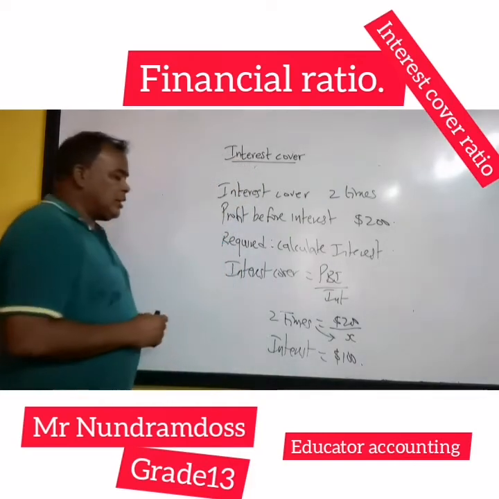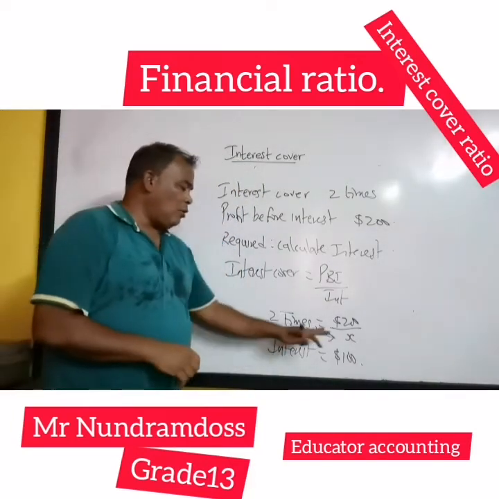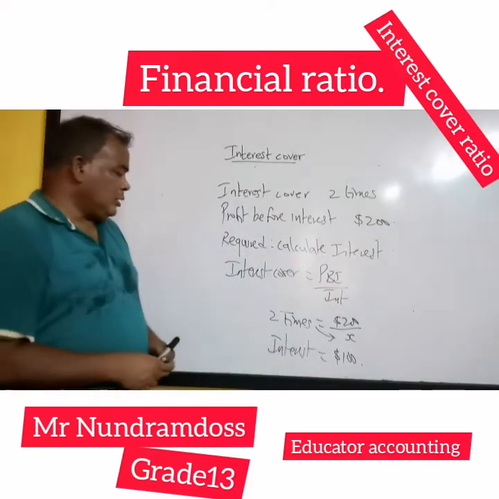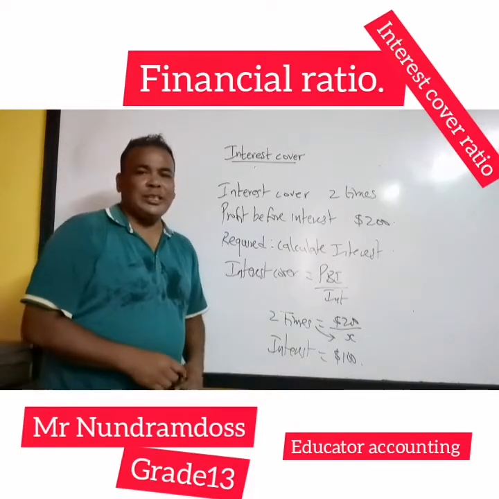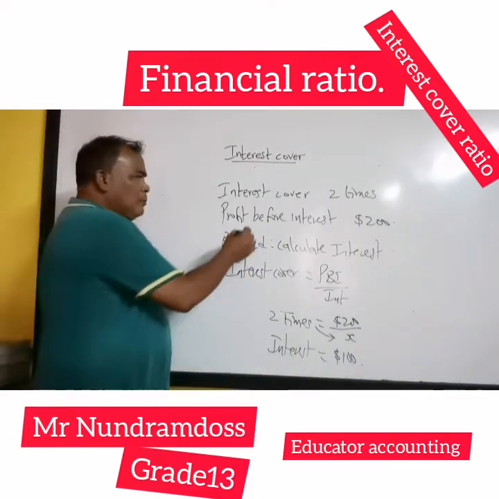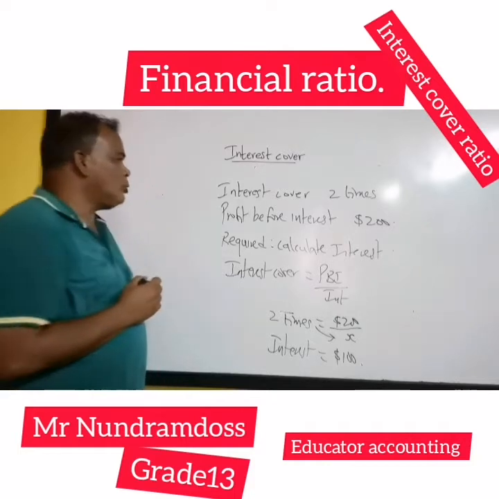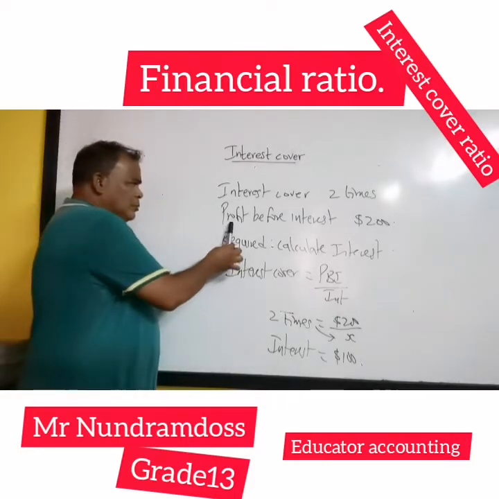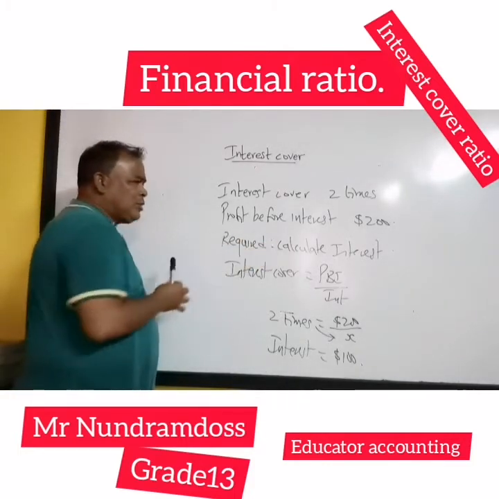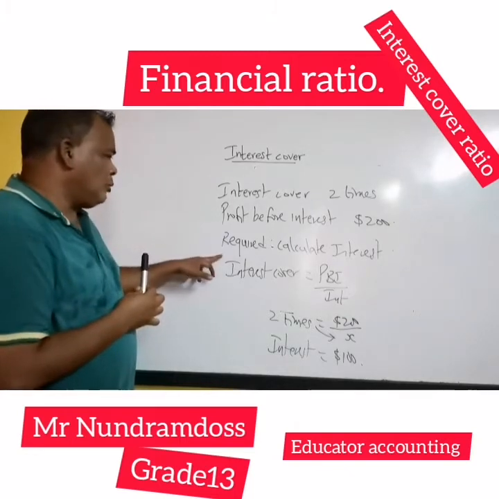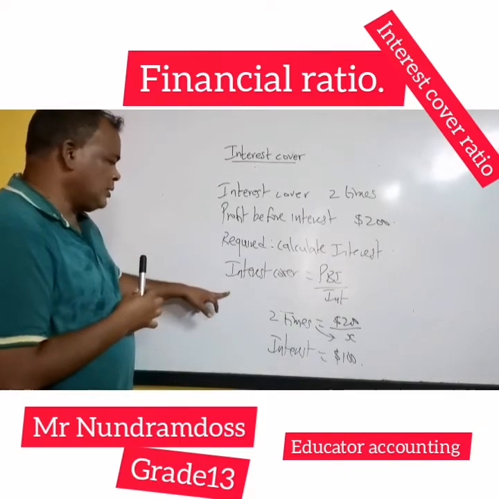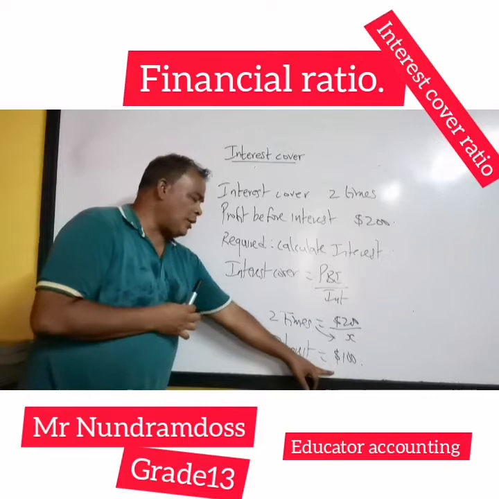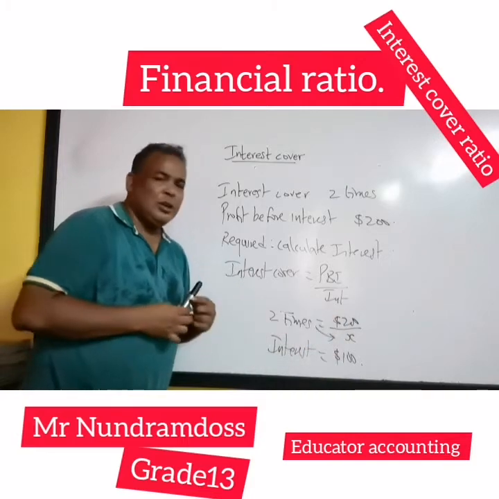So it means that 50% of the profit has been paid in terms of interest. That's why we say that the interest cover should be 2 times. Profit before interest has been given as 200, and we are required to calculate interest. So interest is 100 out of the profit of 200.